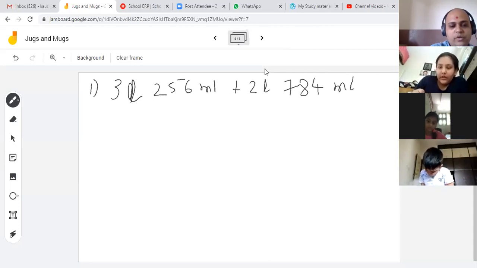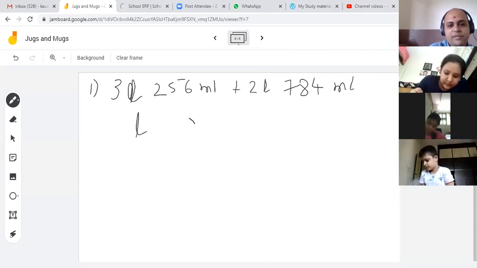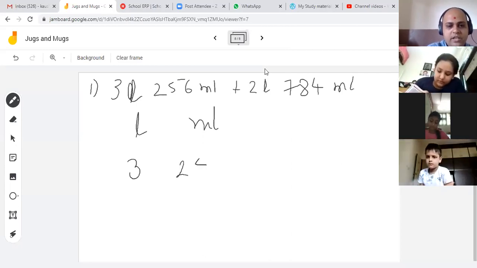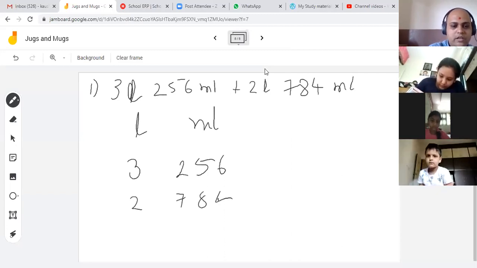Very easy. So what do we do? We write liter and ml signs. 3 here, 256 ml here, 2 liter here, 784 here, and we just put the sign of plus.